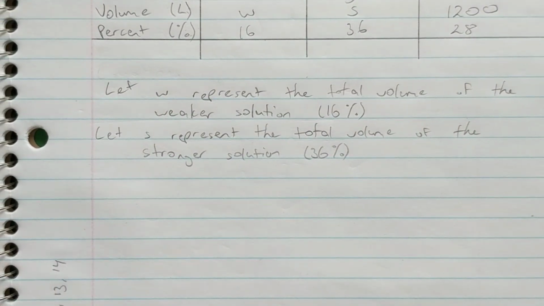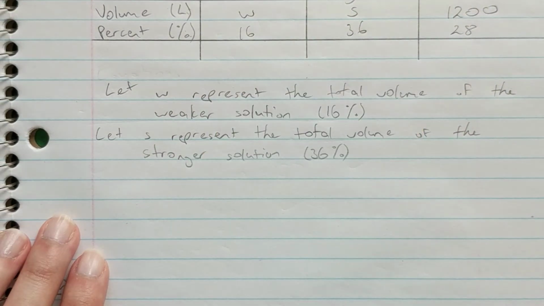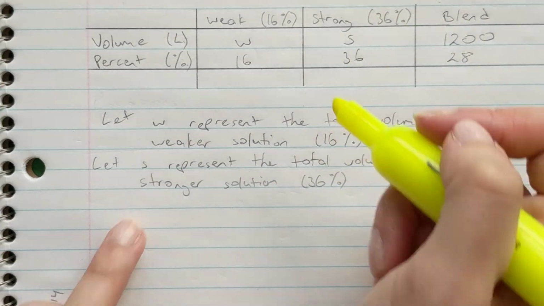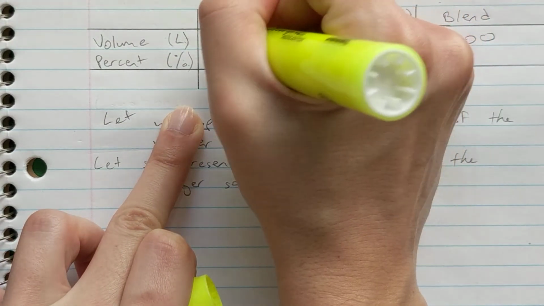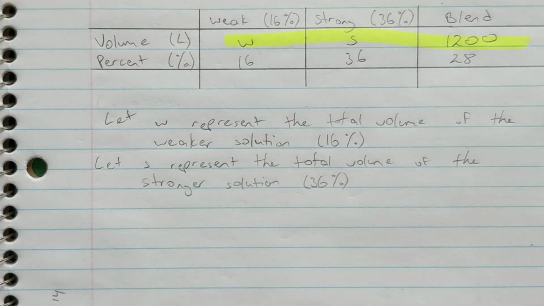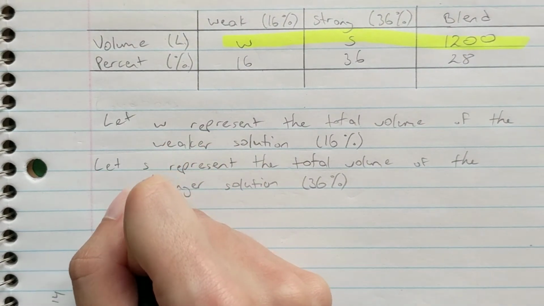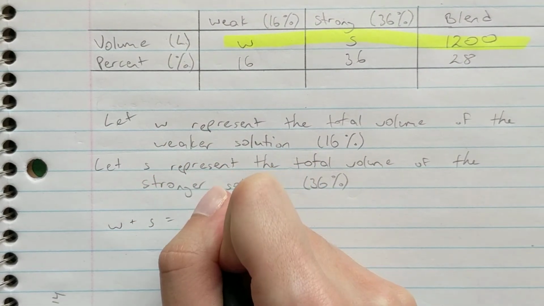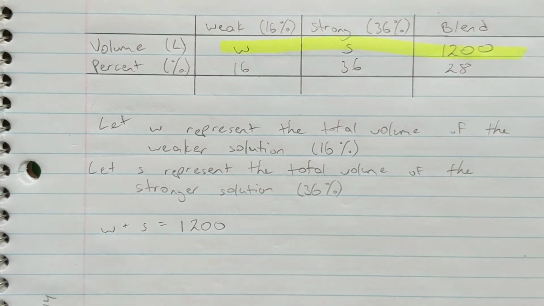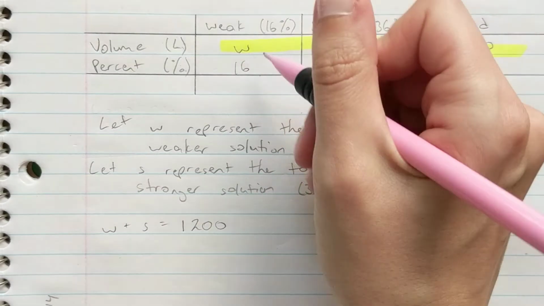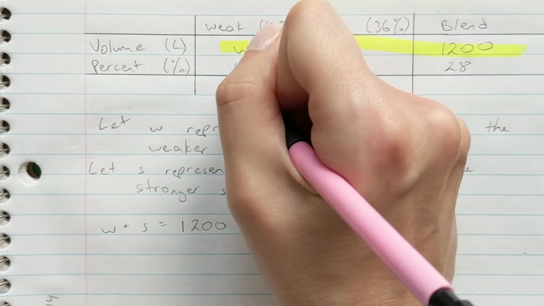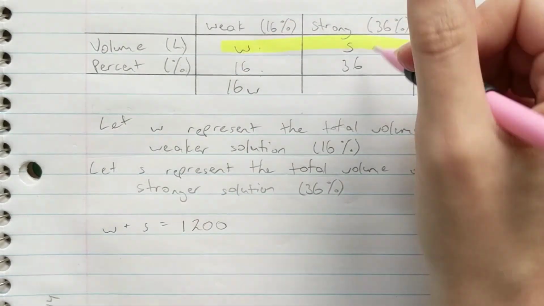So our first one was where we had W and S. We know that W plus S is 1,200. And then remember we had to multiply down. So W times 16 is 16W.